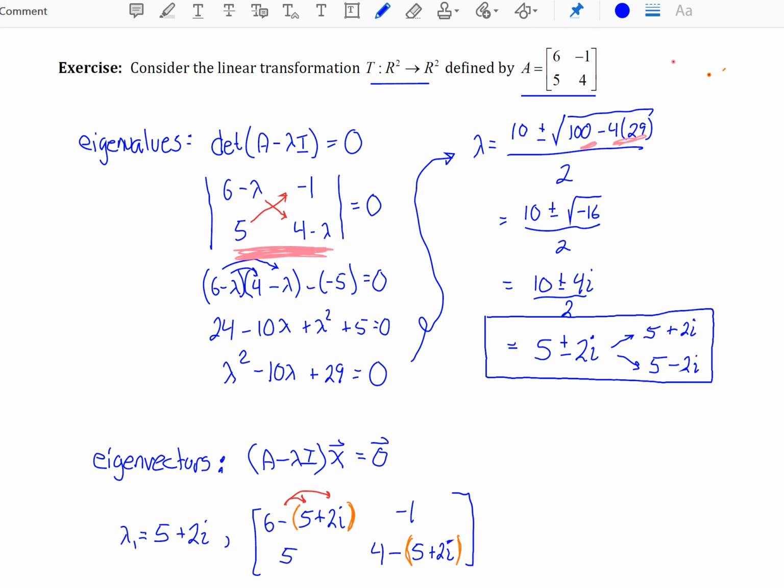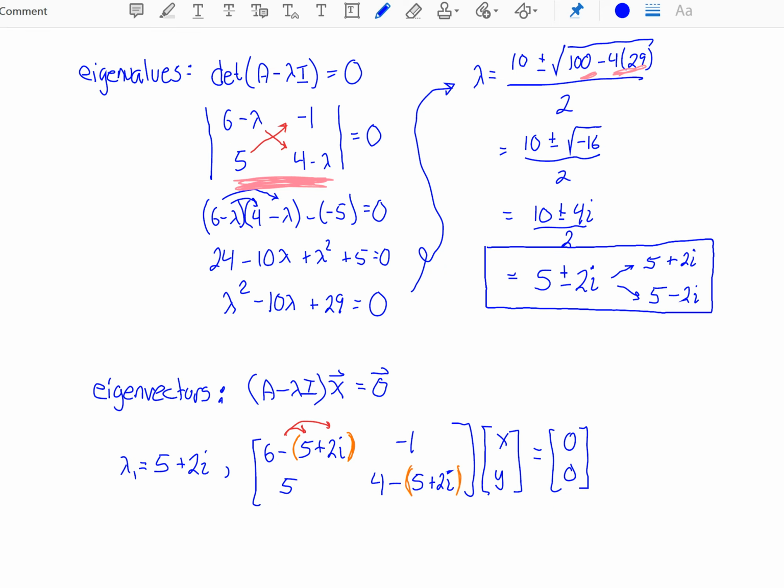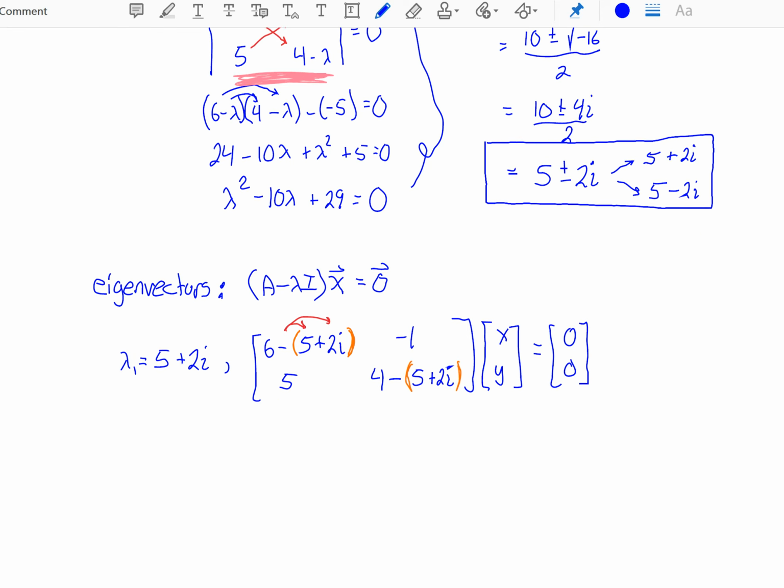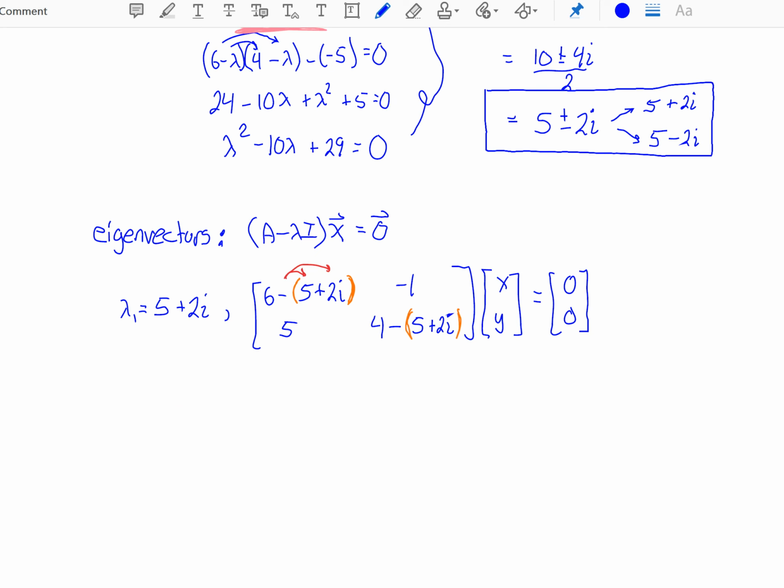So it would be this matrix A minus lambda I times some vector x, which has an x and a y component. And this will give us back the 0 vector. And I'm going to simplify that matrix A minus lambda I by distributing those negative signs, those minuses.